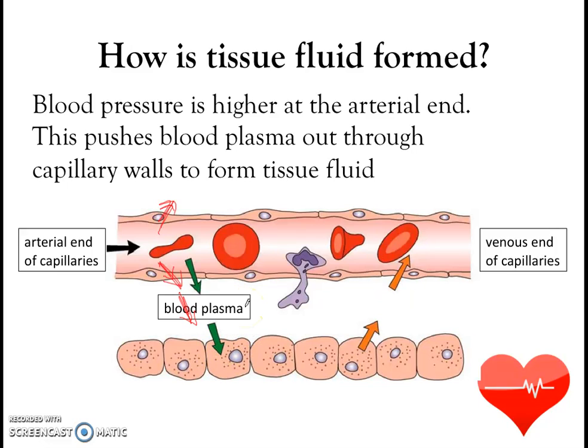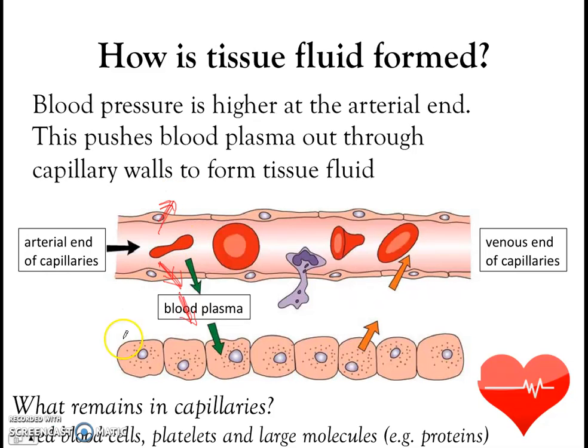Now importantly, we must know what remains in the capillaries. Not everything gets forced out. Red blood cells will remain inside the capillaries, platelets remain inside, and large molecules, for instance proteins, will remain inside the capillaries.